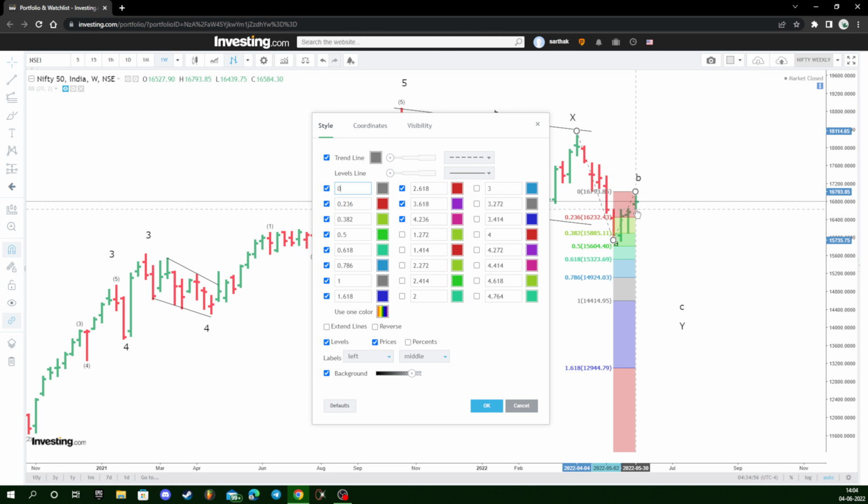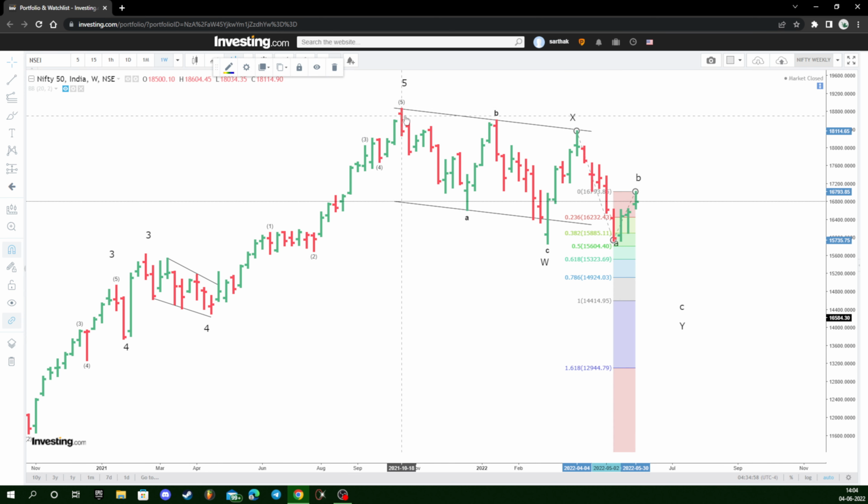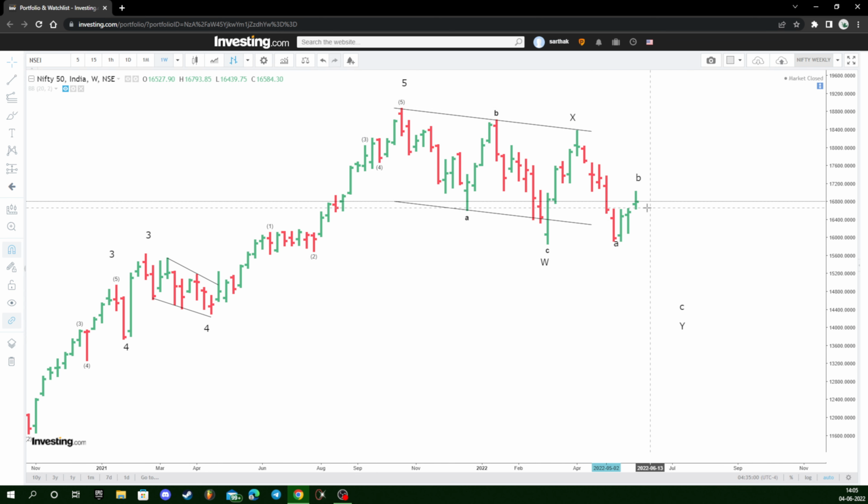So let's take that as around 16,400. 16,400 is one of the important levels we should be looking at, and once we close below 16,400, our next level to look at is this weekly swing low, which is around 15,700. If you close below 15,700, you have around 700 to 1,000 points of room for downside.